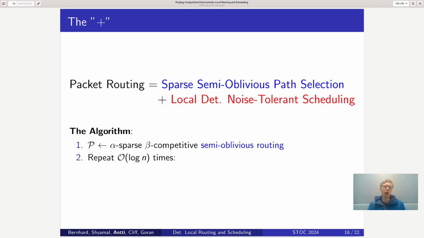Then repeat the following log n times, and the following has the goal of delivering at least half of the packets, so repeating it log n times delivers all of the packets. You iterate over all of the alpha different indices of paths in the semi-oblivious routing, and then for any packet, you set its path to the i-th path in the semi-oblivious routing between its source and destination.